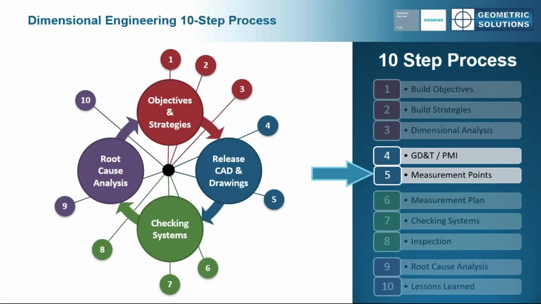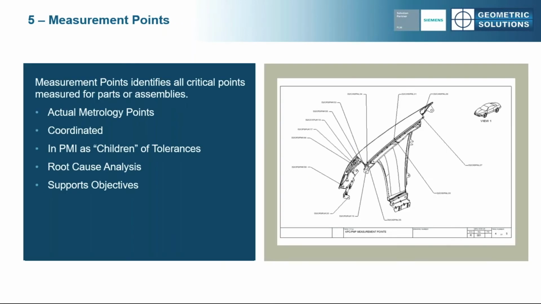So the next step in our process, number 5, is measurement points. This one has been the most challenging for me, but it basically identifies all critical points to be measured for parts or assemblies. They're points that will be used by the metrology group. They're coordinated. And here's the key: they're children of the tolerances in the PMI. I apply a tolerance to a surface, and these children go with it.